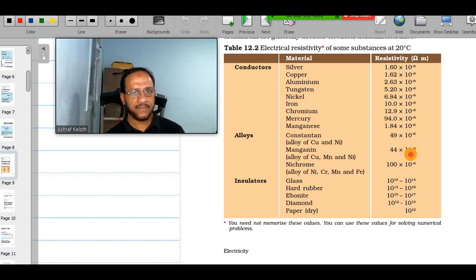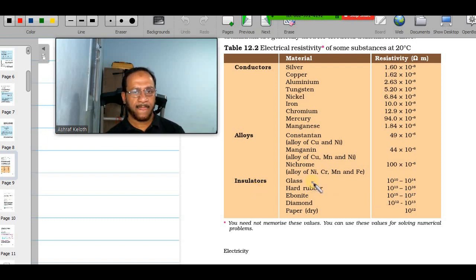And the last section you can see glass, hard rubber, ebonite, diamond, paper, etc. They have resistivity in the power of positive 10 to 14, 13 to 16, 15 to 17, means very huge resistivity. Such materials are called insulators.